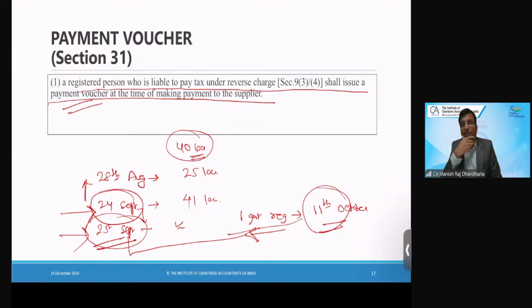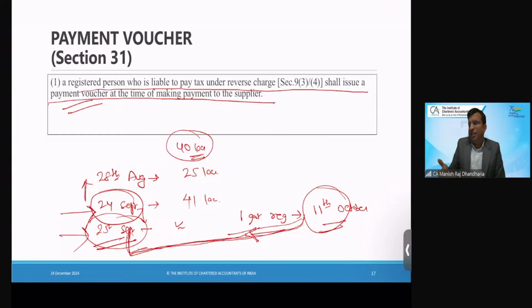There is one relaxation given. What is the relaxation? For the buyers who are unregistered in this period, you can issue one consolidated invoice. आप एक consolidated revised invoice issue कर सकते हैं.